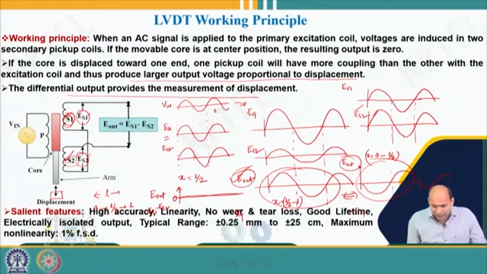So that's why we get no wear and tear loss, good lifetime, and electrically isolated output. These are some of the important benefits we can achieve from LVDT. The typical range for LVDT is plus minus 0.25 millimeter to plus minus 25 centimeter, and the maximum nonlinearity is hardly plus minus 1% of full scale. Okay, so these are typical features of the LVDT.